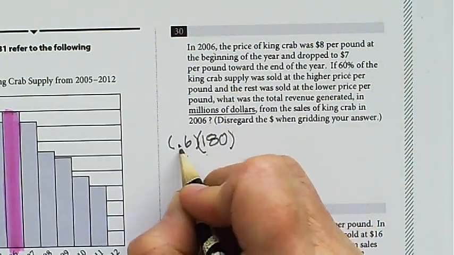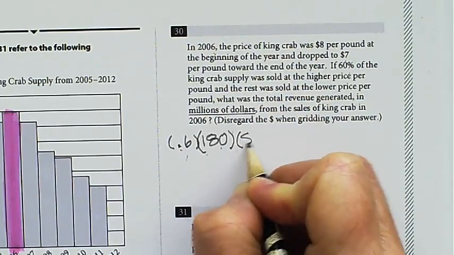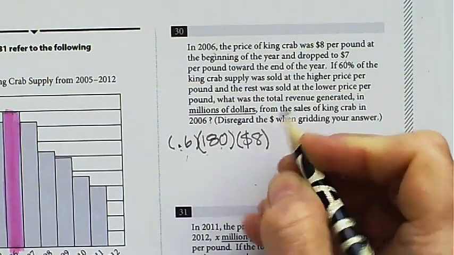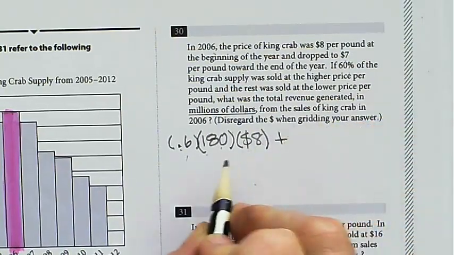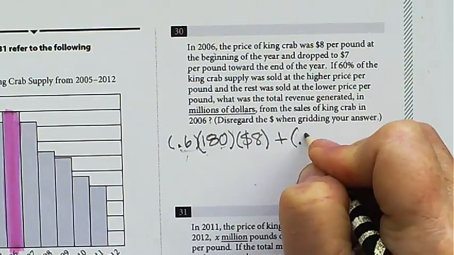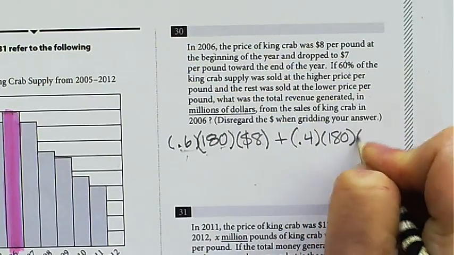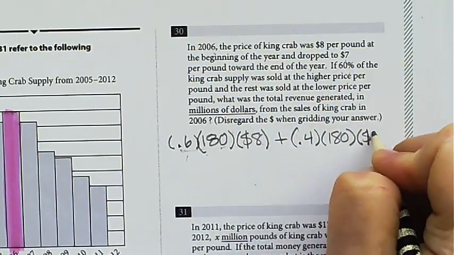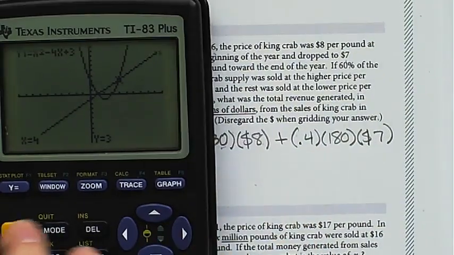So I'm going to multiply 0.6 times 180 to get 60%, then multiply it times the $8 a pound, and see what that is. And then I'm going to add that to whatever the remainder of this is. So I could just type in 0.4 times 180 times the lower price of $7 a pound. There's more than one way to do this.